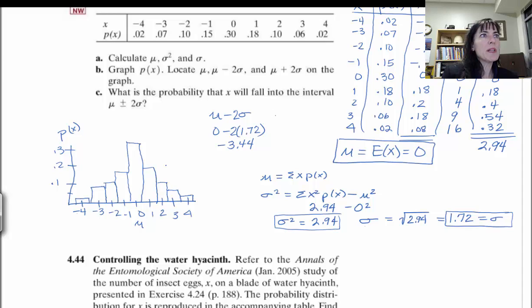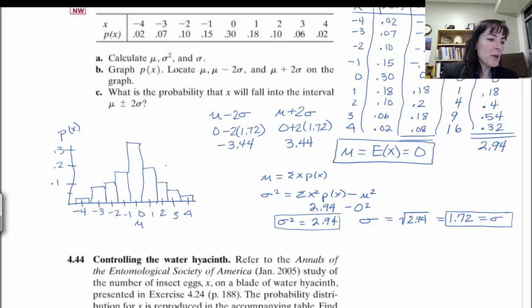And mu plus 2 sigma is going to be 0 plus 2 times 1.72, which will be, of course, a positive 3.44.